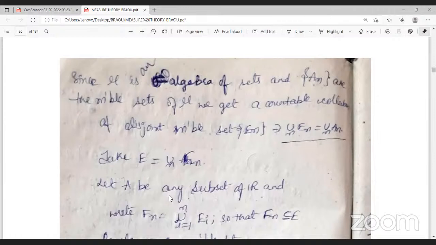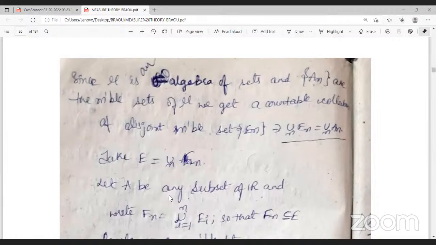Since M is a sigma algebra of sets, En belongs to M, En plus 1 belongs to M, so Fn belongs to M.